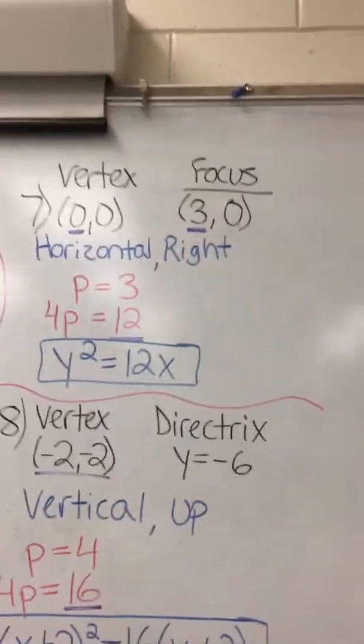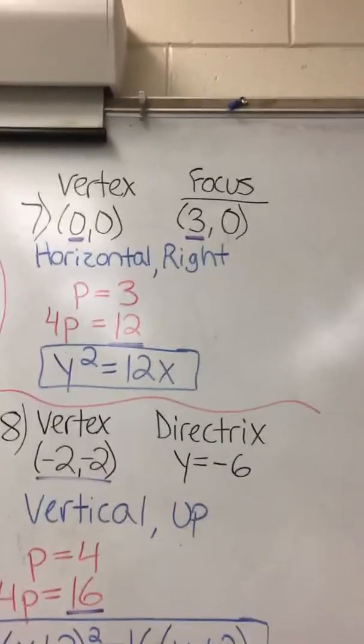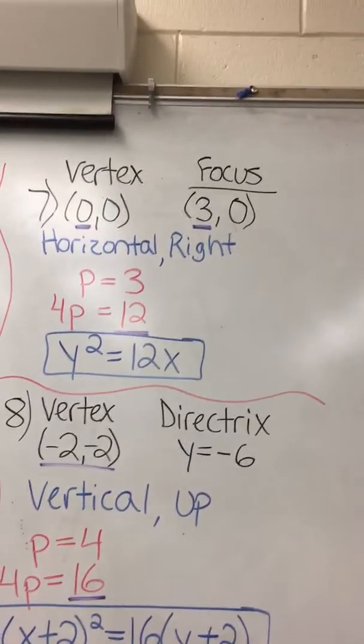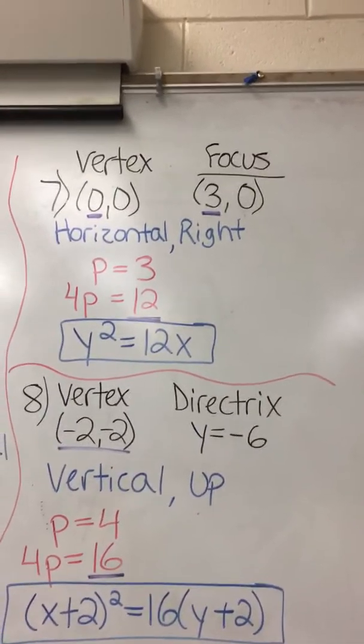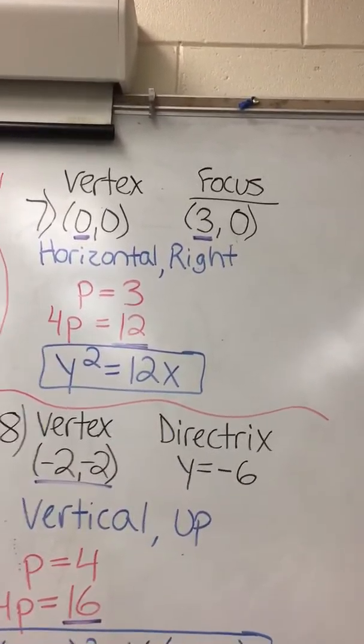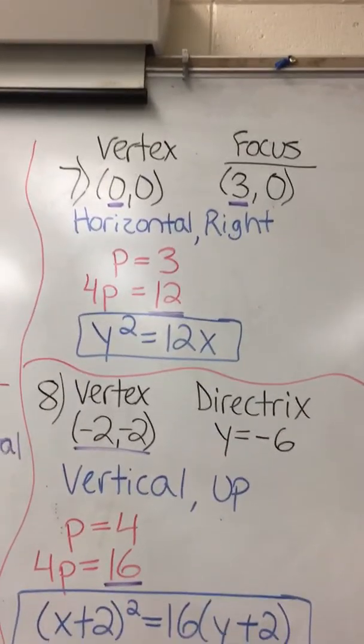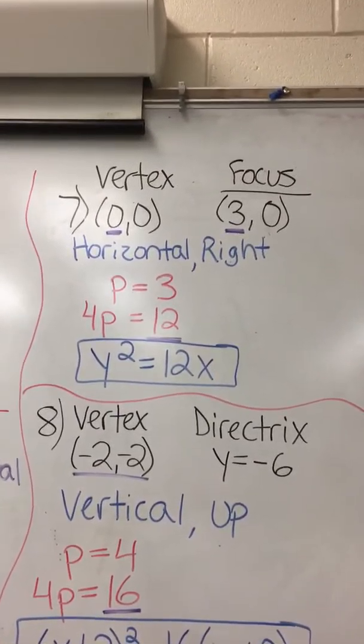Okay, now let's go on to number 7. In this case, you are given a vertex and a focus, and you've got to figure out your equation. So we know our vertex is going to be at (0, 0), and our focus is at (3, 0), which means that it has to be horizontal and open to the right.